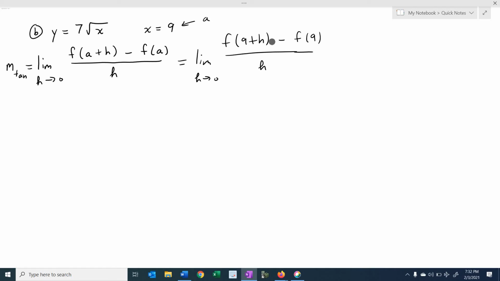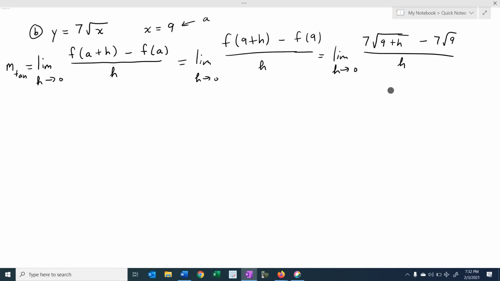So it's going to take the square root of that and then multiply that by 7. Because that's what this function does to any number you put into it. Okay? And this one, like we said, is going to give you 7 times the square root of 9, which of course is just 21. So that leaves us with this, and now we have to find the limit of it as h goes to 0.